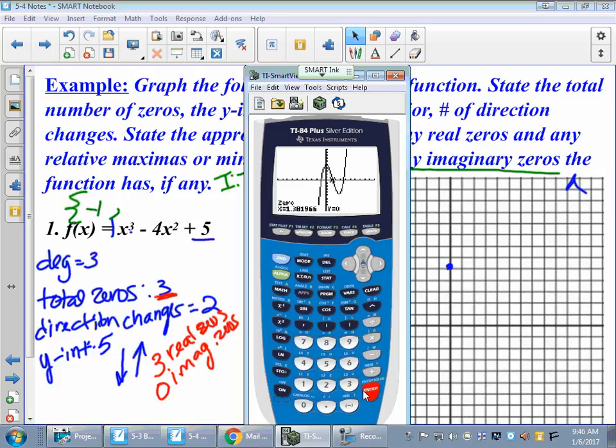So I have another 0 at positive 1.4, and for my third 0, hit second, trace, 0, and I'm going to get that third 0 there. My left boundary is below, enter.